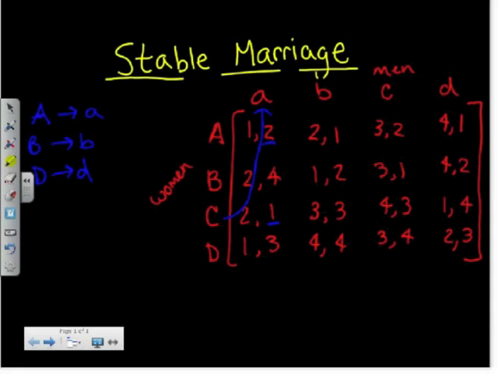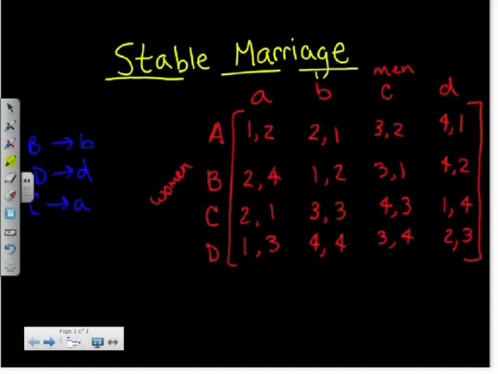Since he ranked C higher than A, he's going to break his tentative engagement and become engaged to C. So if we take note of that, C is now engaged to a.